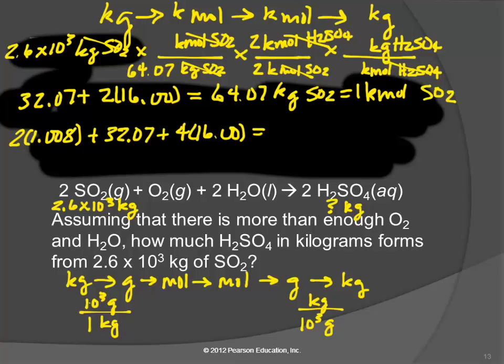I'm doing it backwards, I'm sorry. 2 times 1.008 equals, that's better, 98.086. Okay, and that's kilograms of H2SO4 equals 1 kilomole of H2SO4.